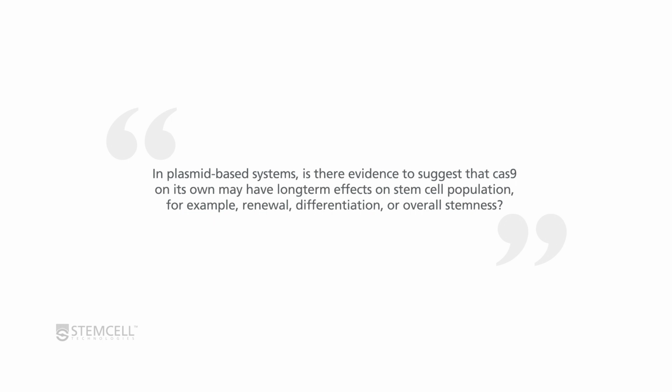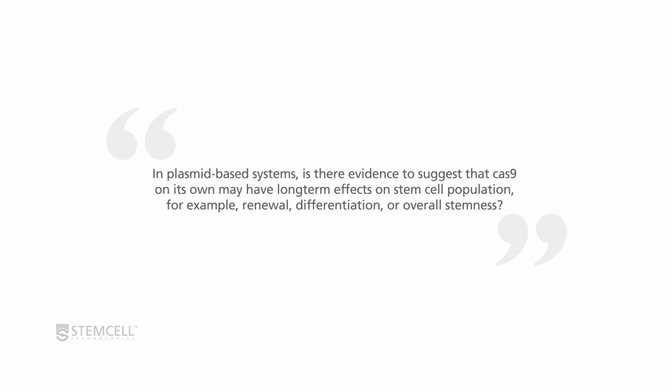So our next question: in plasmid-based systems, is there any data or evidence to suggest that Cas9 on its own might have any long-term effects on stem cell populations, renewal, differentiation, or just overall stemness? Right. I don't believe there's any data specifically on long-term expression of Cas9 in pluripotent stem cells and its effect on downstream differentiation.